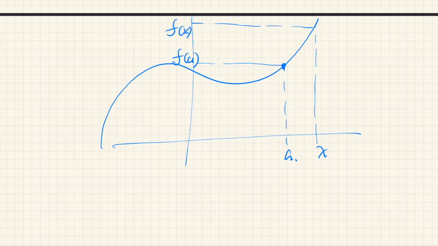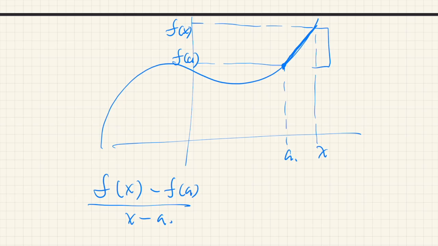The ratio (f of x minus f of a) divided by (x minus a) corresponds to the slope of this line, right? This difference divided by this difference means the slope.